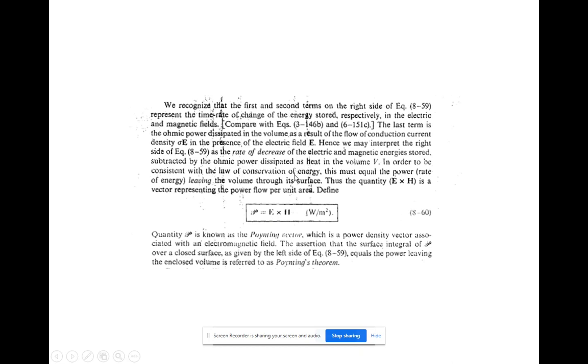By comparing the equation, you can get the last term: the ohmic power dissipated in the volume as a result of the flow of conduction current density sigma E in the presence of the electric field.